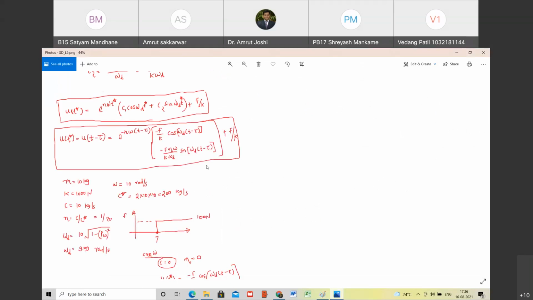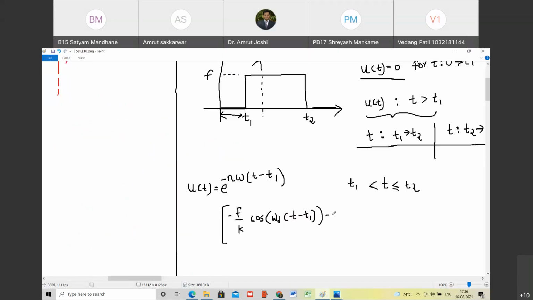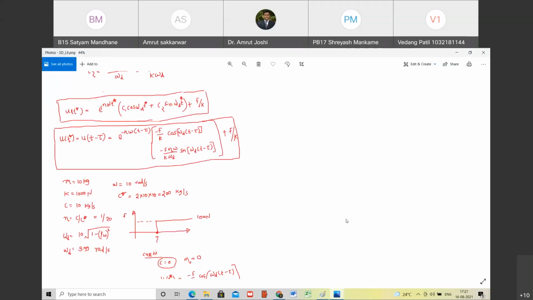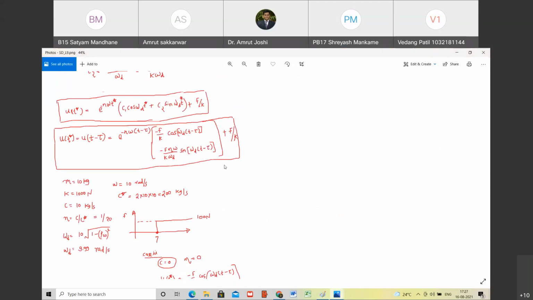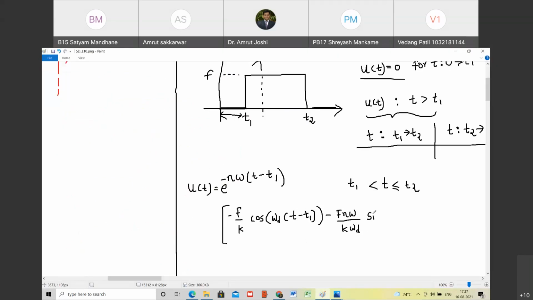Then minus f eta omega upon k omega d, sin omega d (t minus t1). Happy? Plus f by k. So I'm going to write that plus f by k. This is the response of the system.